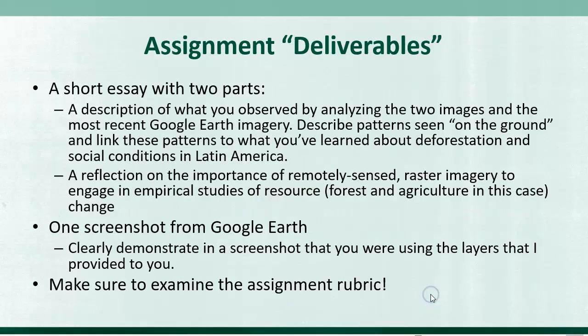When you're done with looking at this, I want a short essay with 2 parts, one in which you describe what you see and how you think what you see on the ground can be linked to what you've learned about deforestation. And then I want you to reflect a little bit on the importance of this remotely sensed raster imagery to understand resources and how they change over time from an empirical worldview.